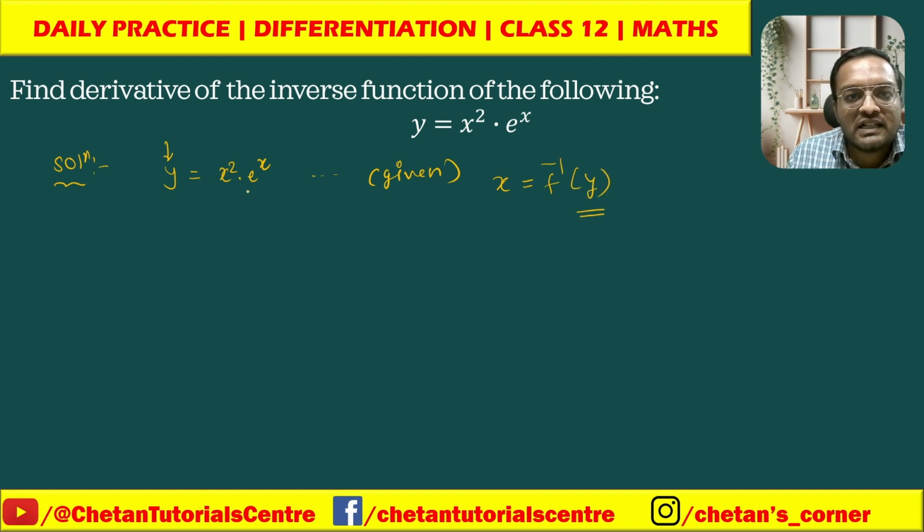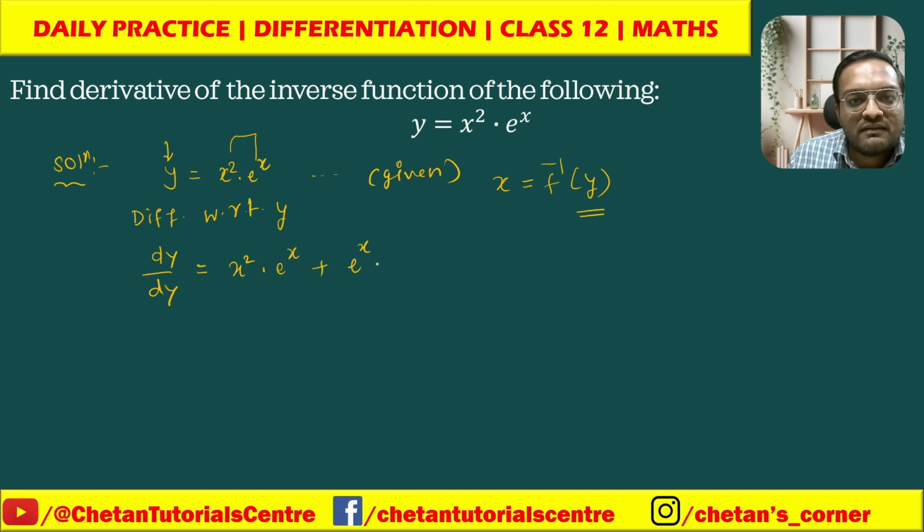So I will differentiate with respect to y. Then what will I get? According to the product rule, we differentiate x square into e raised to x: x square into the derivative of e raised to x, that is e raised to x, plus e raised to x as it is, multiplied with the derivative of x square, that is 2x.